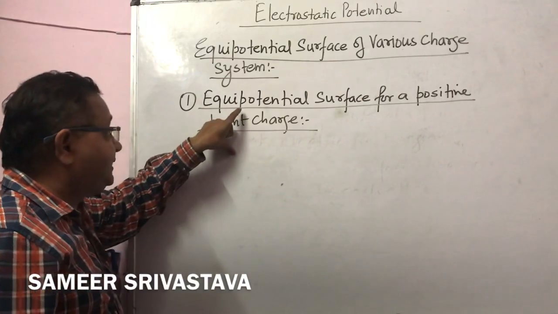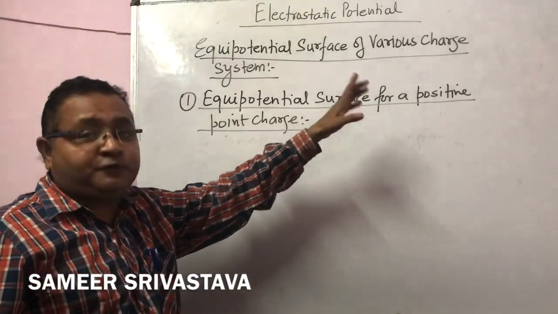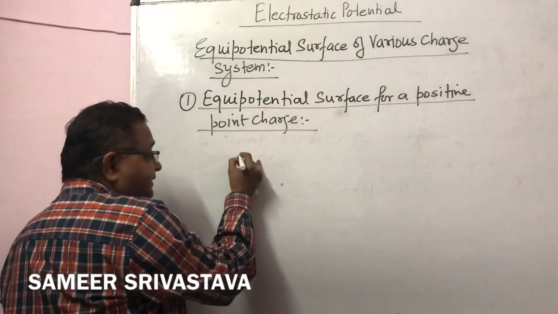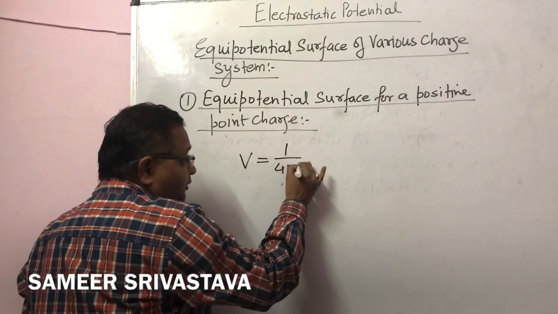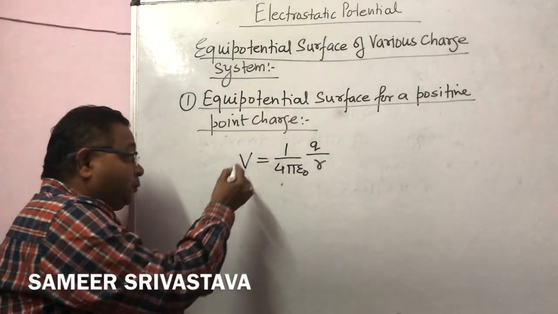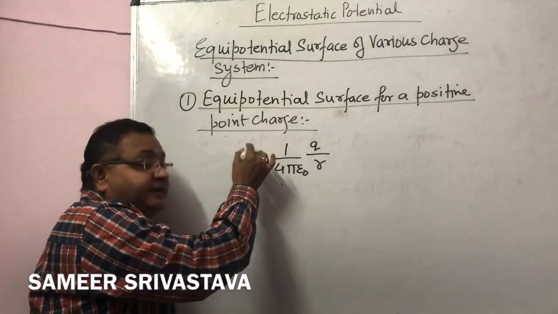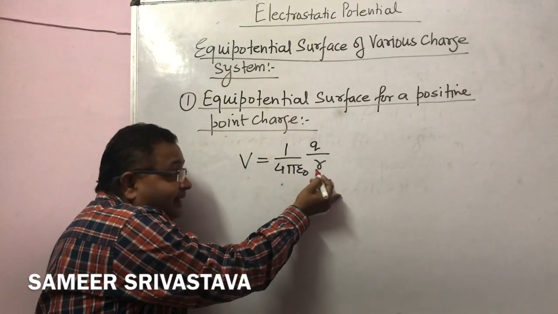The first charge system is a single positive charge. Equipotential surface for a positive point charge. We know the formula for potential is 1 upon 4 pi epsilon naught times Q by R. V becomes constant if and only if R is constant.